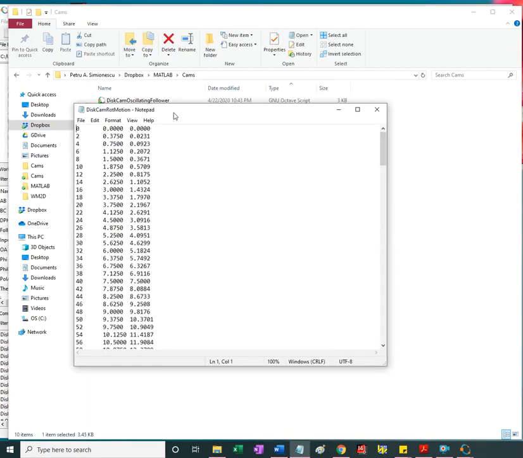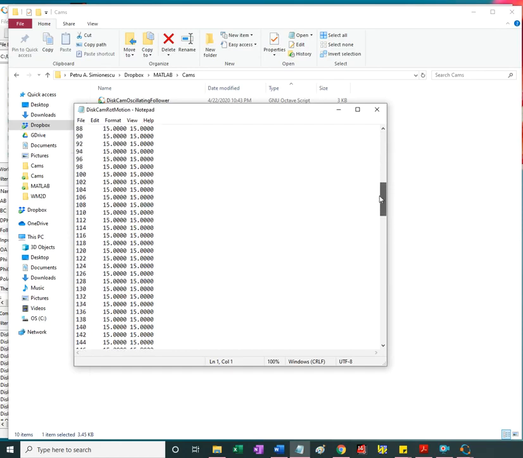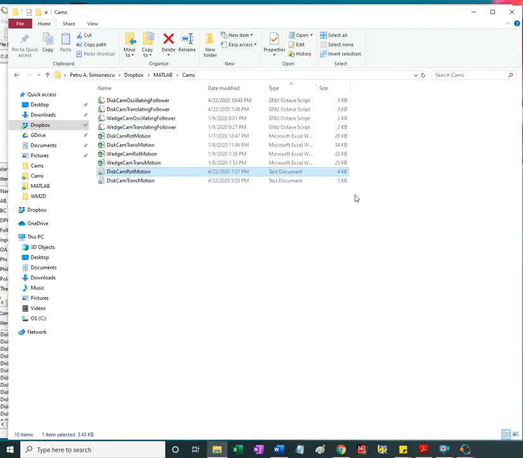This is the text file that was used to drive the follower for the first program. This is the angle in degrees, 0 to 360, and this is the follower motion. One would be linear, I think I have linear. The third column is for harmonic motion.